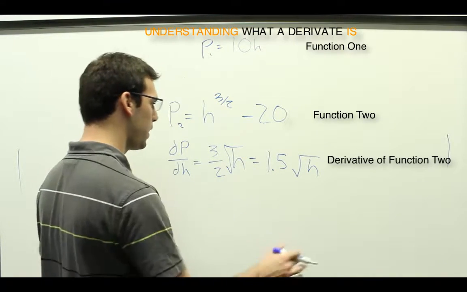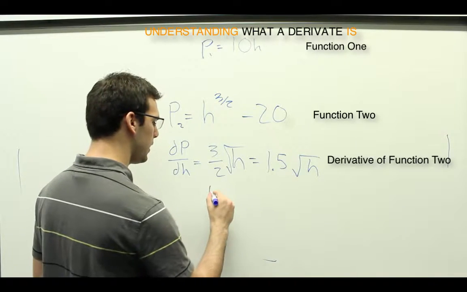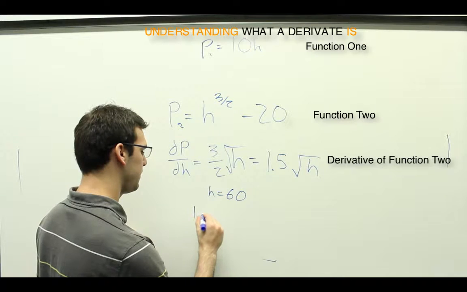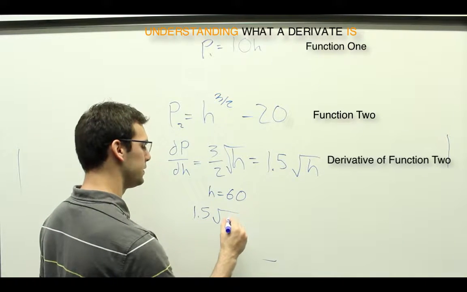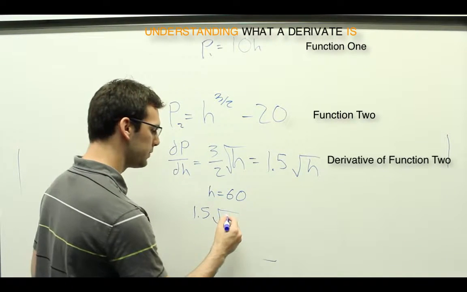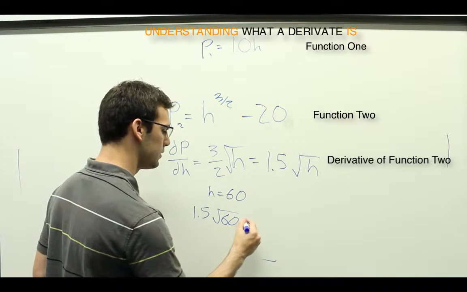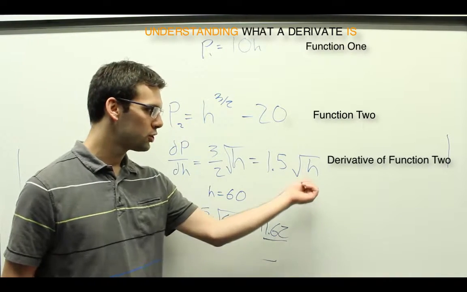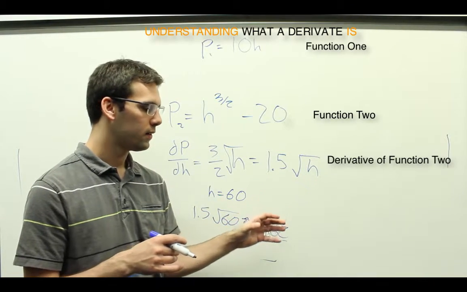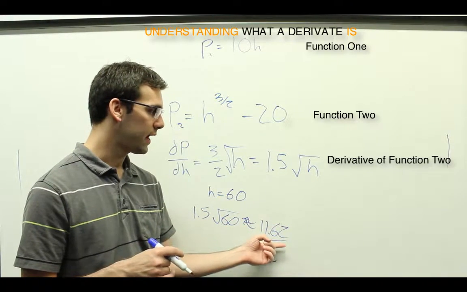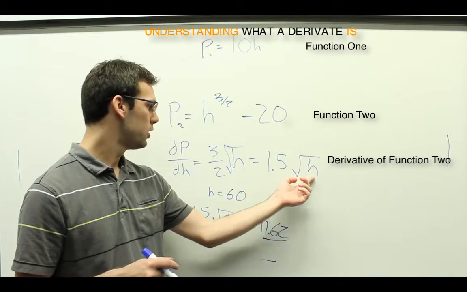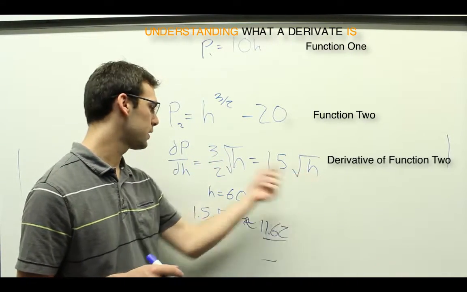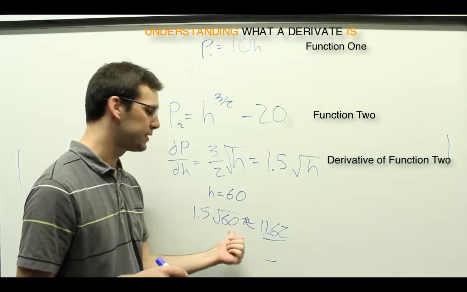Well, what if we put in way more hours? Say that h equals 60. Well, 1.5 times the root of 60, 11.62. That's the effect of hours worked on pay at 60.